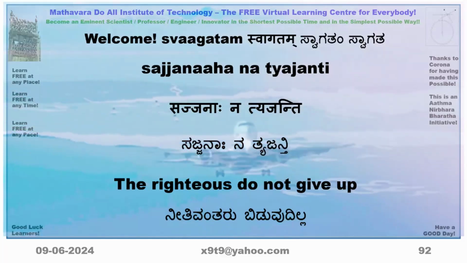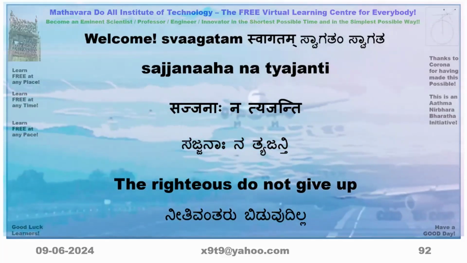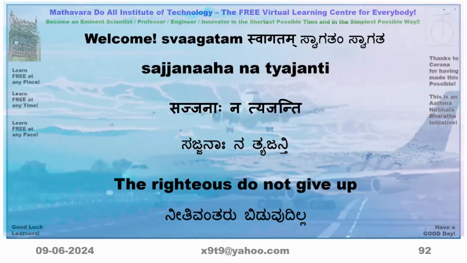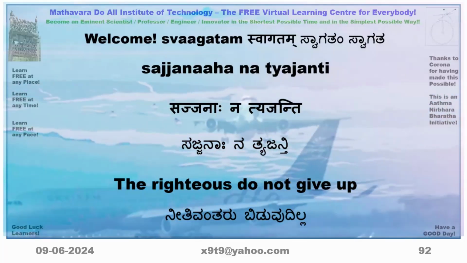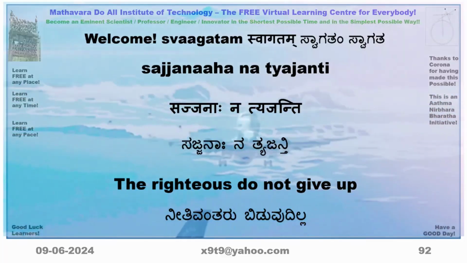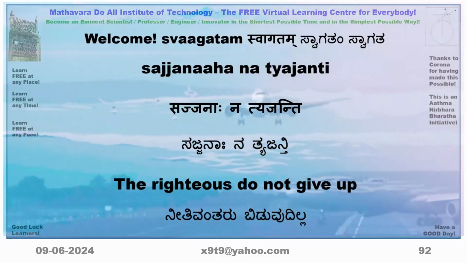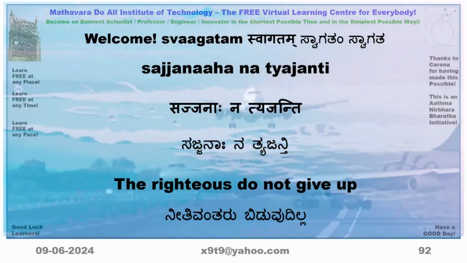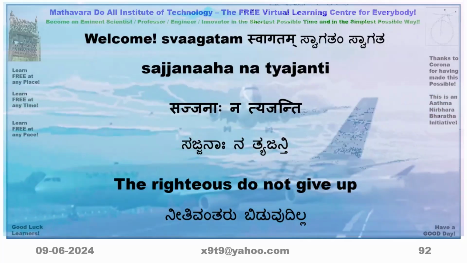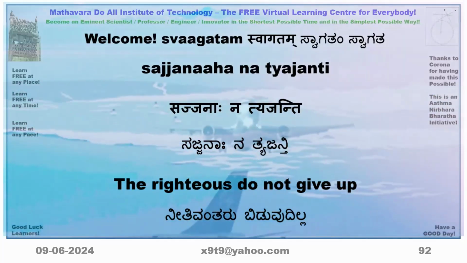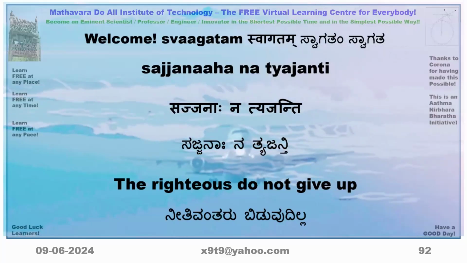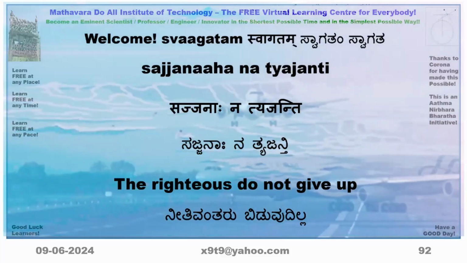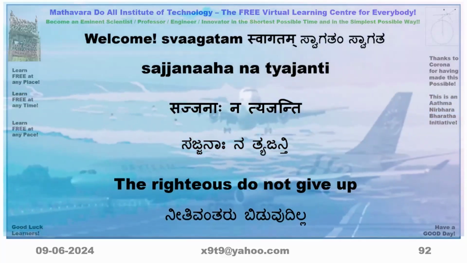In Samskrita, it is Tat Pustakam, 2 words. So the problem that comes to us is we want to make translation word to word, letter to letter. That is impossible. So total meaning we have to understand.